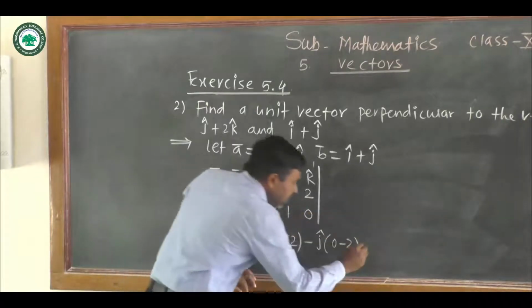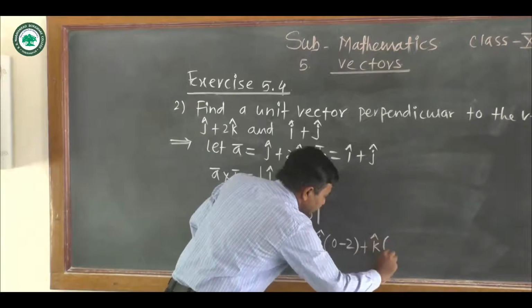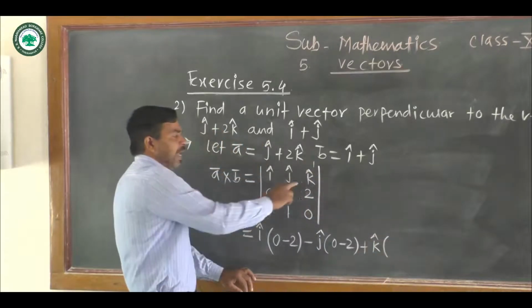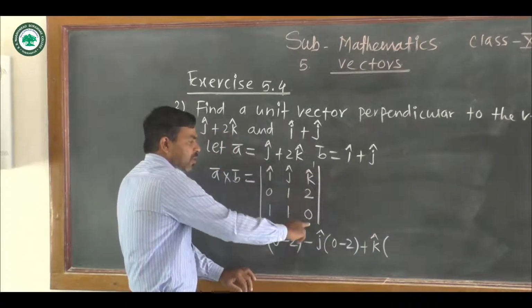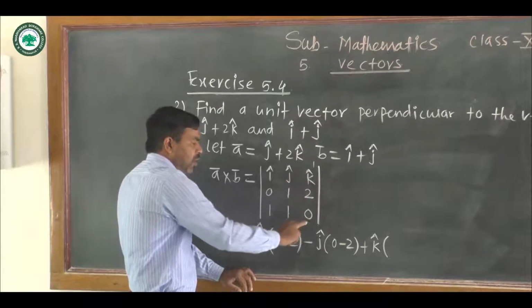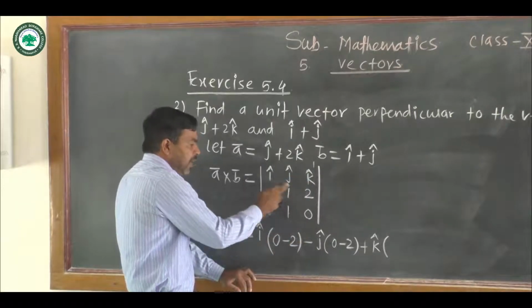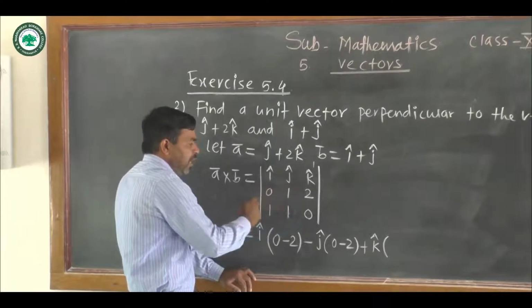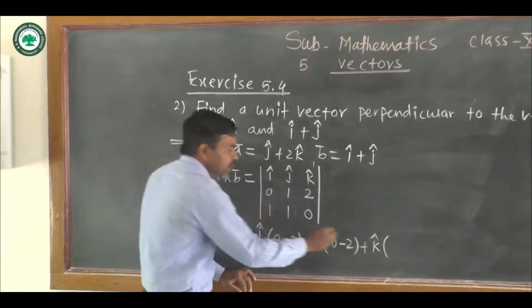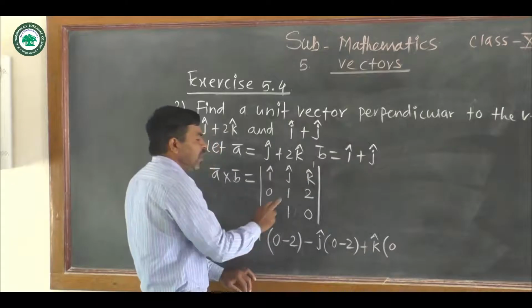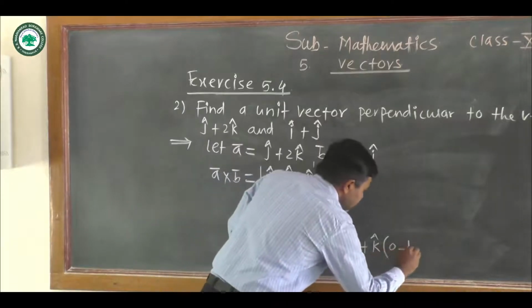Plus k cap in bracket. Now k cap lies in the first row and third column, so leave them; the remaining 4 elements are 0, 1, 1, 1, and the determinant is 0 into 1, 0, minus 1 into 1, minus 1.